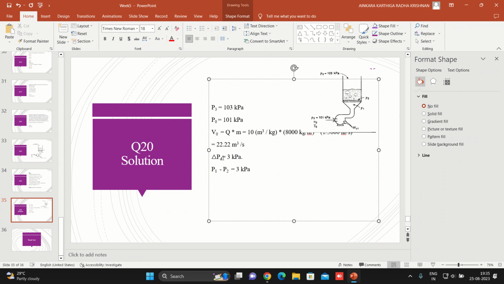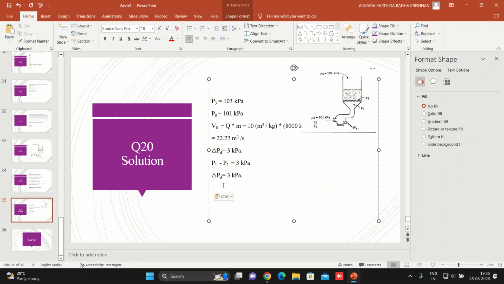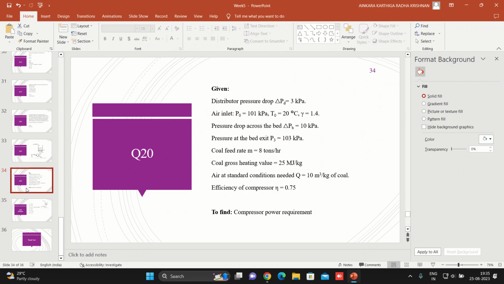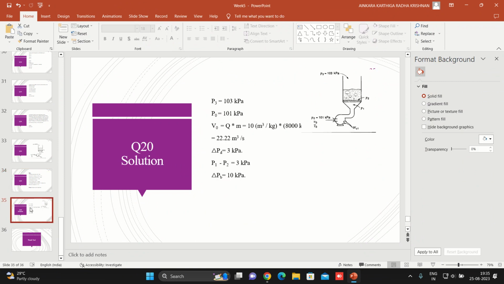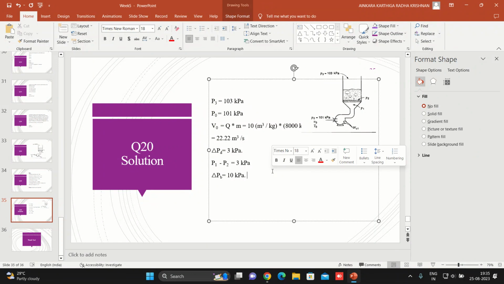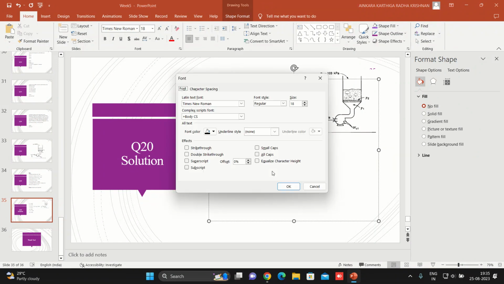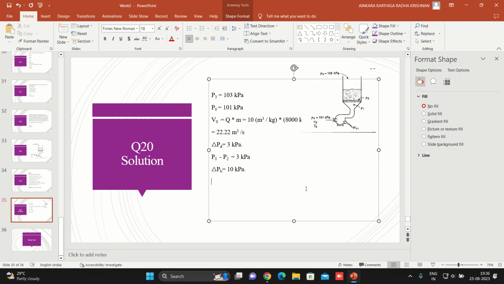And similarly, bed pressure drop is given as 10 kilopascal. So what does it mean? It is P3 minus P2. Okay, it is P2 minus P3 is 10 kilopascal.